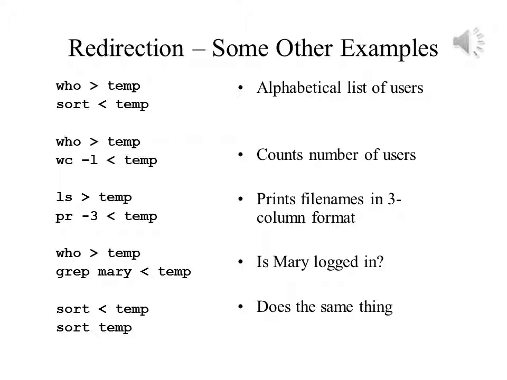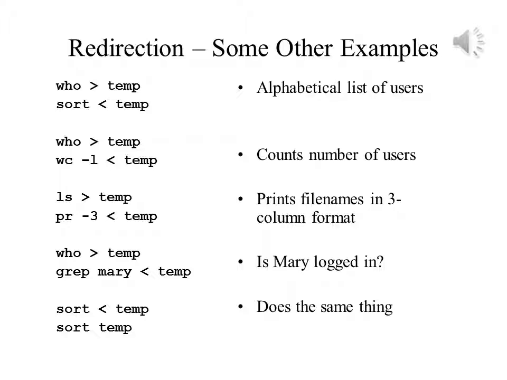who > temp, again, will save the names of the users and their terminals in the file temp. wc -l < temp will give us a count of the number of lines.